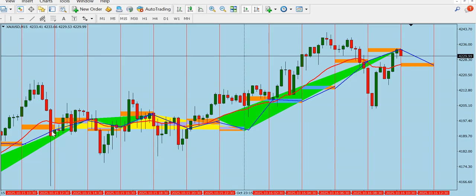Bearish in the sense that we have support, resistance, support, that's bearish. But the moment we have resistance, support, resistance, that's bullish. And we continue to have resistance all the way to the top, that's bullish.